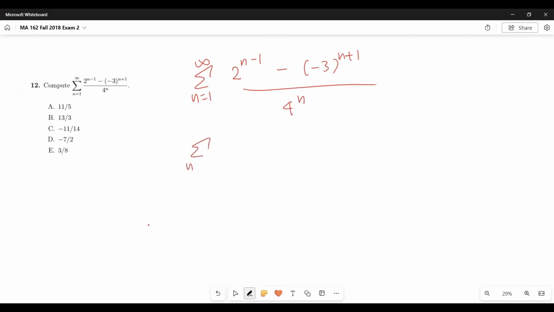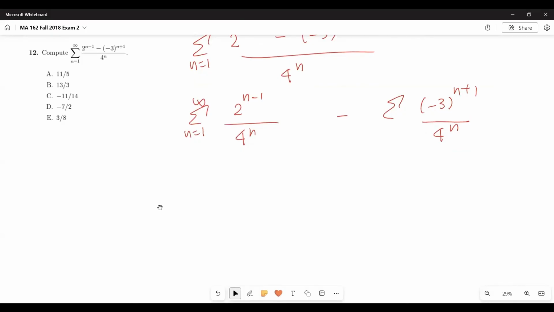It's going to be the sum of (2^n minus 1) over 4^n minus (3^n plus 1) over 4^n. I want to make it into geometric series form, so I'm going to separate this into the sum of 2^n times 2^(-1) over 4^n. If you remember, 2^(-1) is the same as 1 over 2.